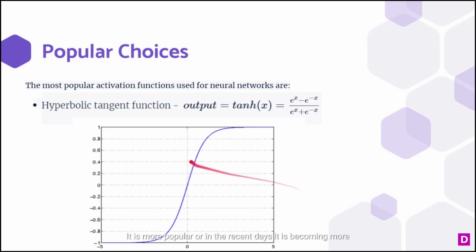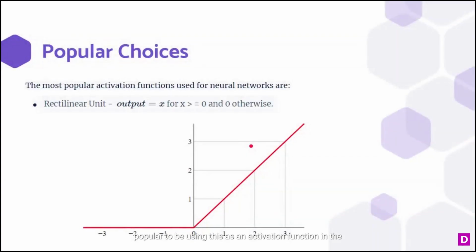Then we have another, last but not least, popular choice, the rectilinear unit function, the ReLU. In recent days it is becoming more popular as an activation function in large structured neural networks. The rectilinear unit function output would be like this.